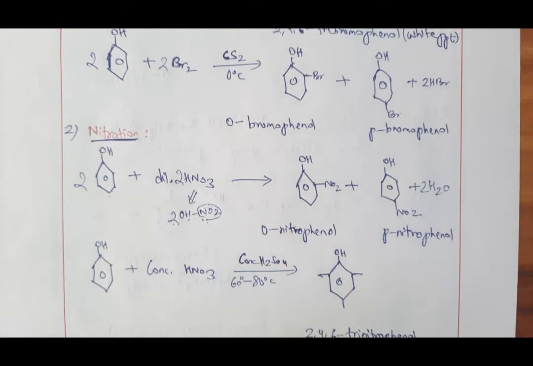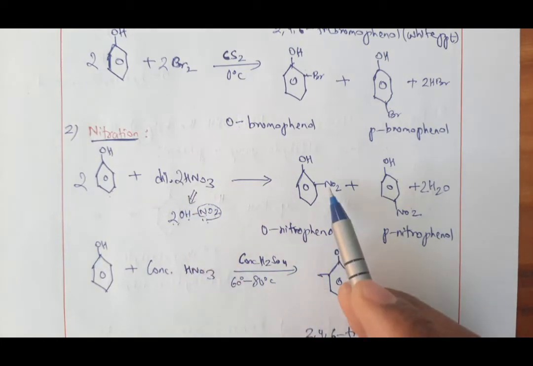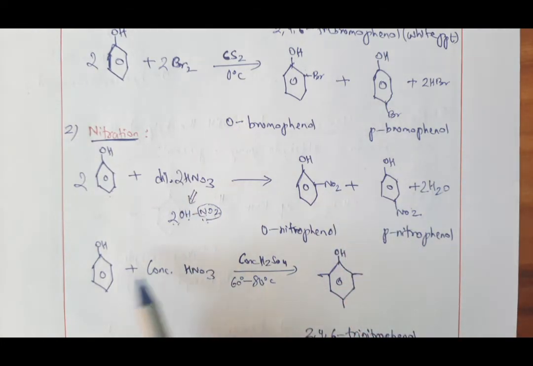Earlier, when you reacted with dilute, NO2 attacked separately, but with concentrated nitric acid using concentrated sulfuric acid as catalyst, a dehydrating agent actually, at 60 to 80 degrees Celsius, again we take 3 nitric acid, written as ONO2, HNO3. We have taken 3 molecules, so I'll write 3 here.